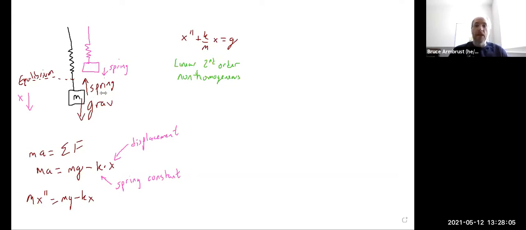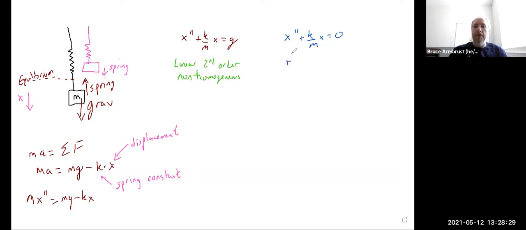All right, so let's think about how we solve it. It's non-homogeneous, which means we need to start with solving the homogeneous. So the homogeneous would be x double prime plus k over m times x equals 0. Think about how we do this.